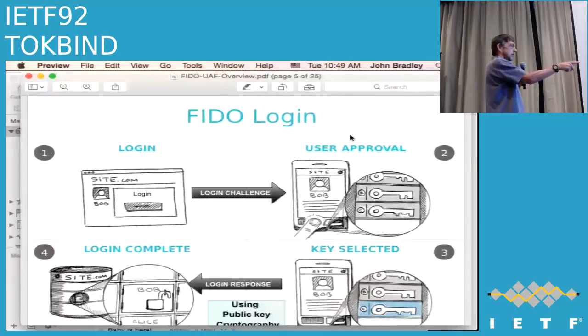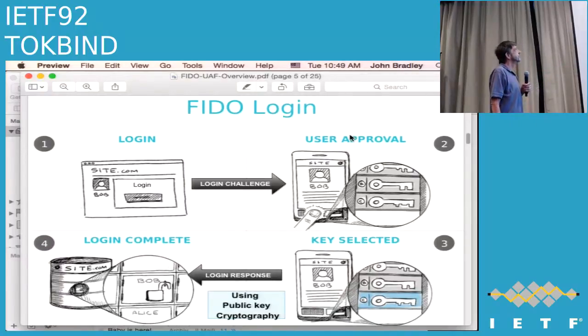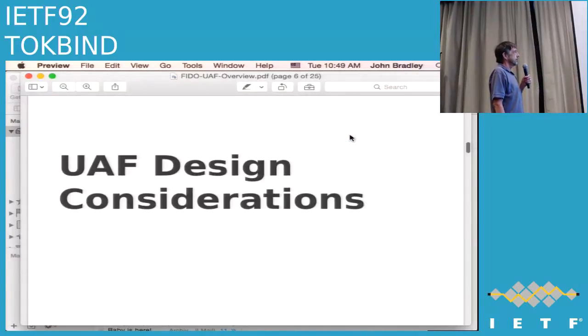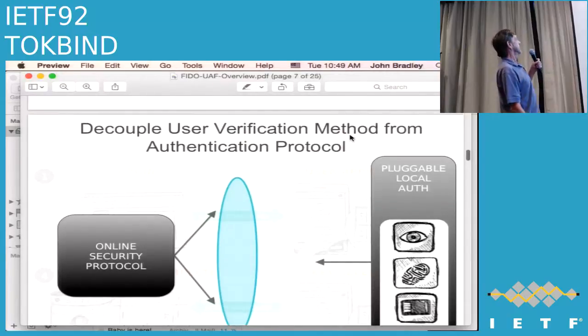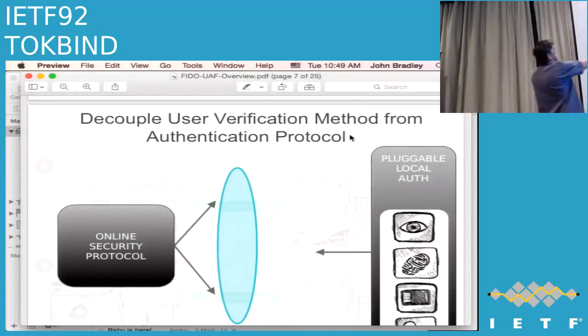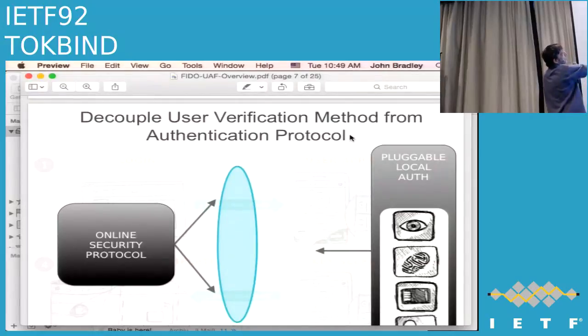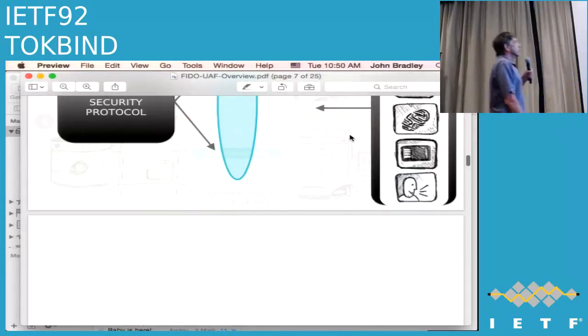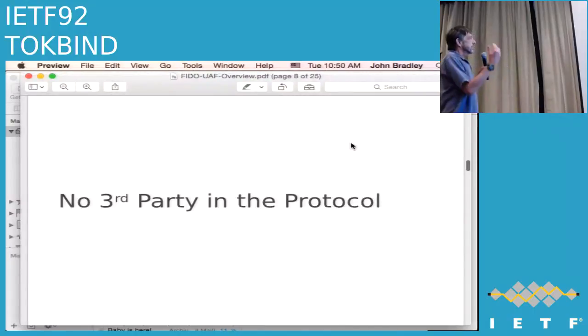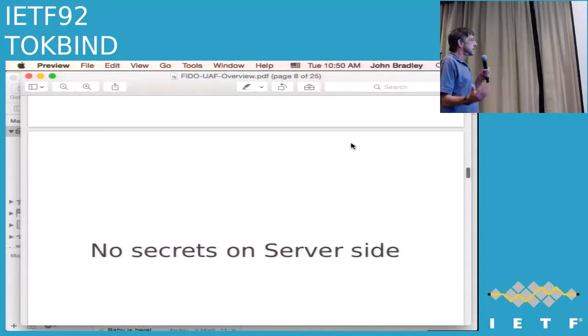So the whole idea is that whatever is used on the client side could be a PIN entry, okay, or it can be biometric. It doesn't matter. In the U2F case, it's a simple test of user presence that's asserted by the authenticator.